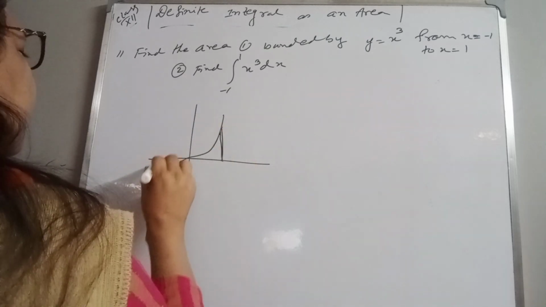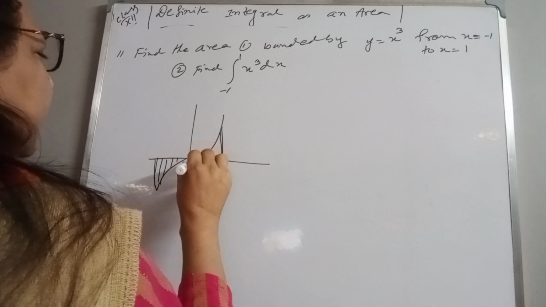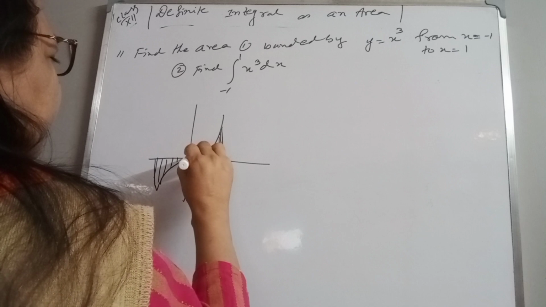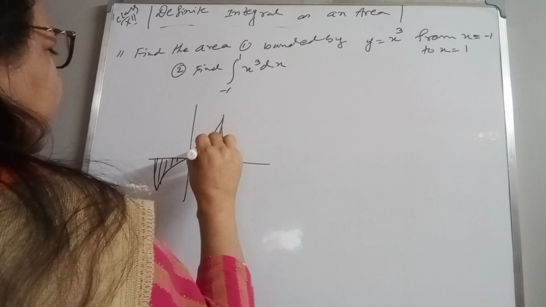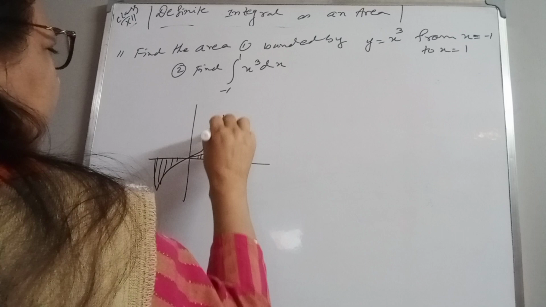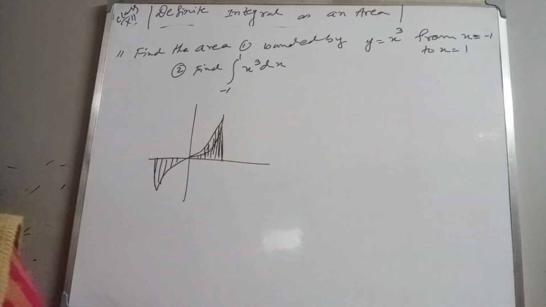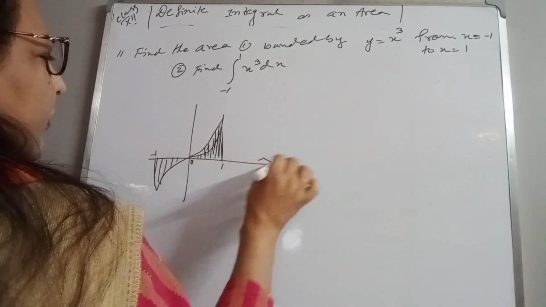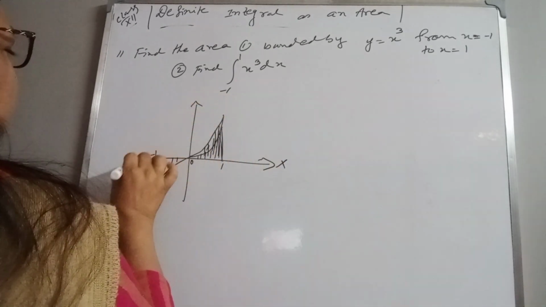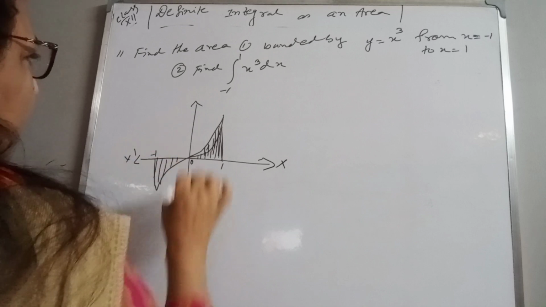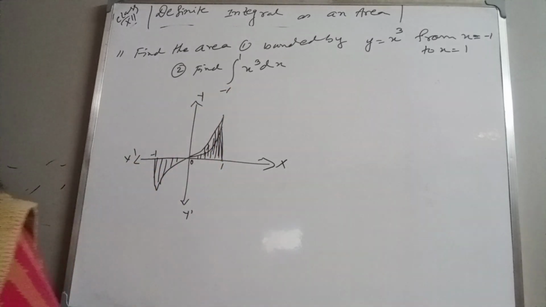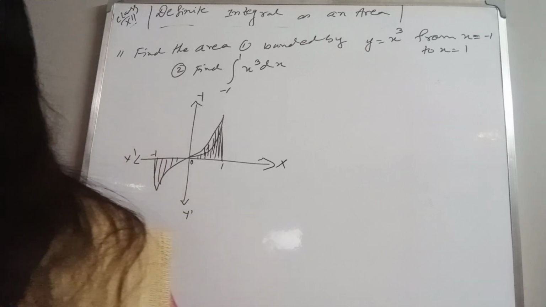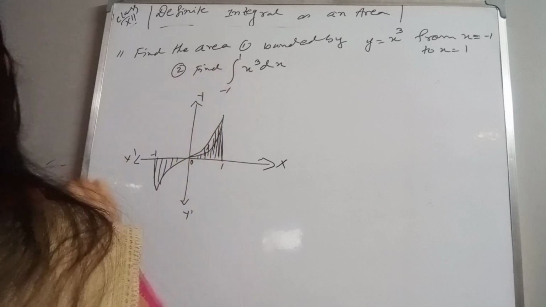So this area plus this area. Try to draw symmetry. Okay, now this is 0, we know this is 1, this is minus 1. Okay. Now the first is what? For this one, number 2 first.